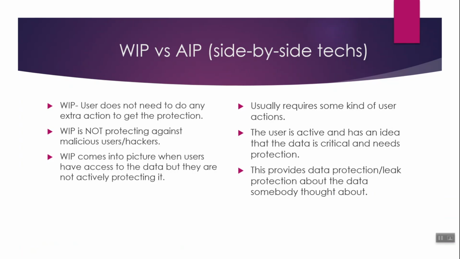Because DLP is something which stacks on top of the OS. So we have the OS, and on top of that we have the DLP solution, the data leakage protection solution. Like, we install the Windows OS and then we might install something called Office DLP or Symantec DLP or McAfee DLP, whatever the case may be.